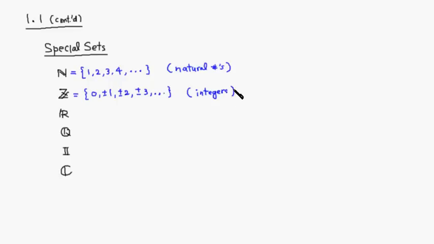And R is the set of all real numbers. Maybe I'll write it this way: an interval from negative infinity to positive infinity. So this contains all real numbers.